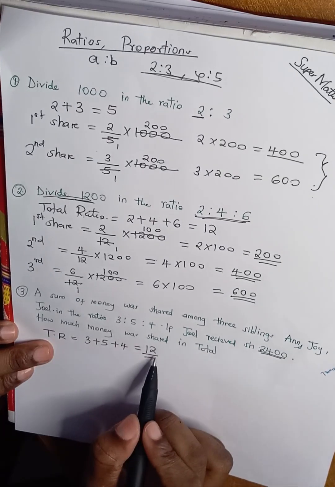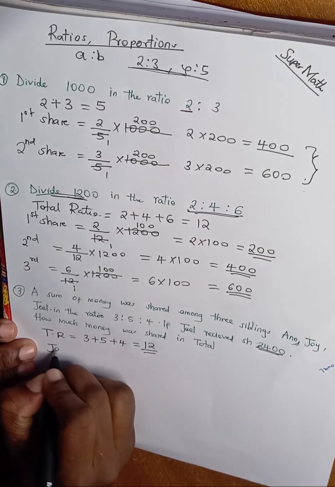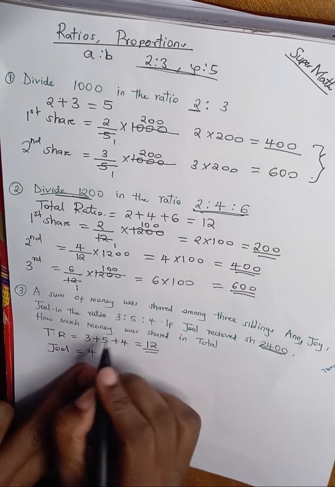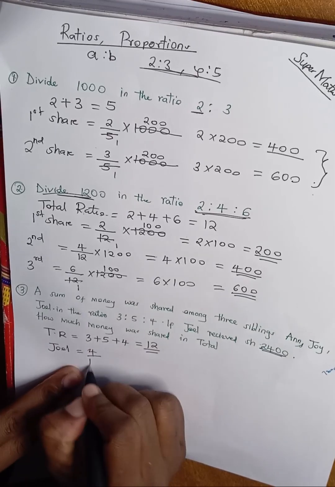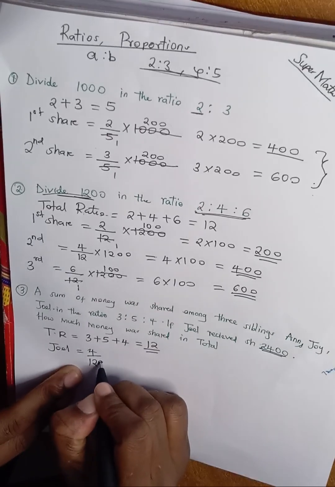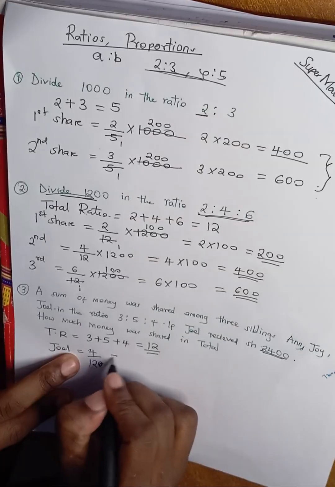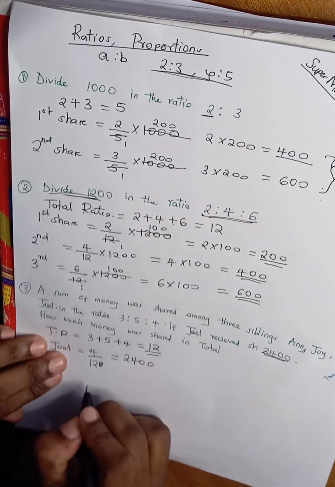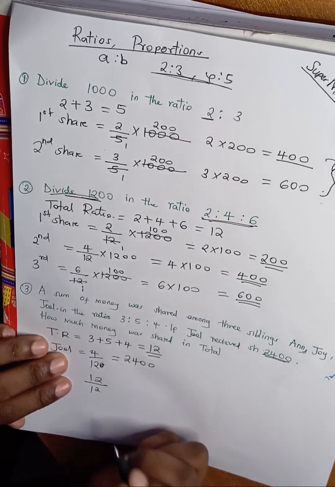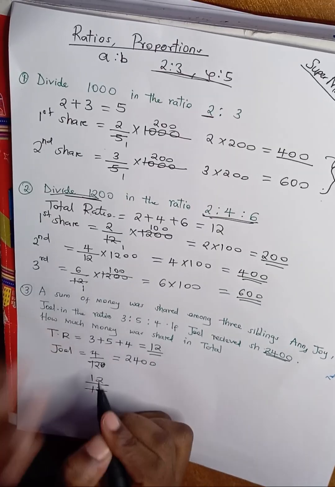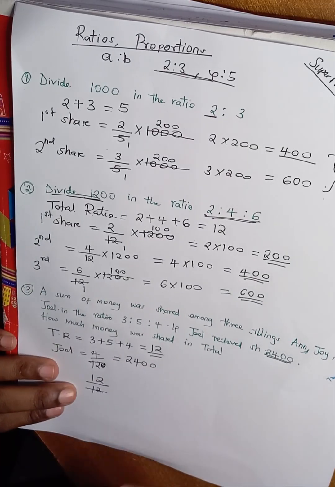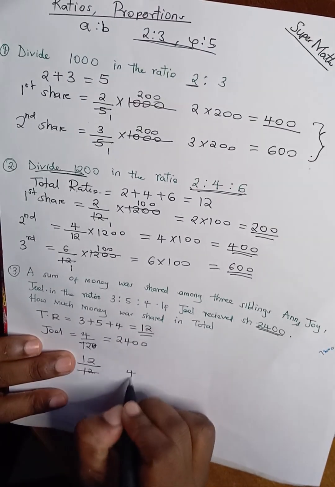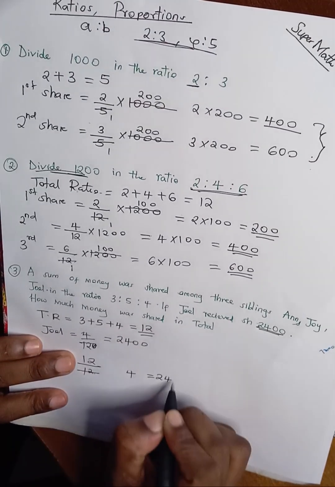Now, if we have 12, and you know Joel got 4, then 4 over the total, which is 12, represents 2400. We need to find the 12 over 12, okay? Now, we can compare the numerators because they have the same denominator, which is 12. Now, you can say 4 is equal to 2400.